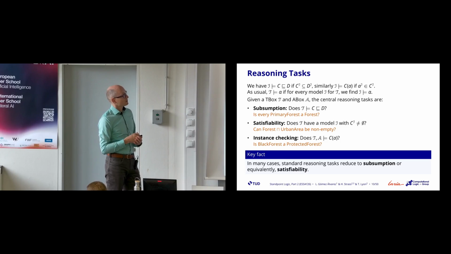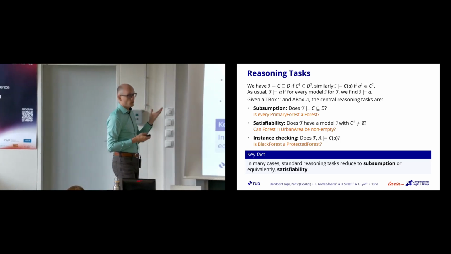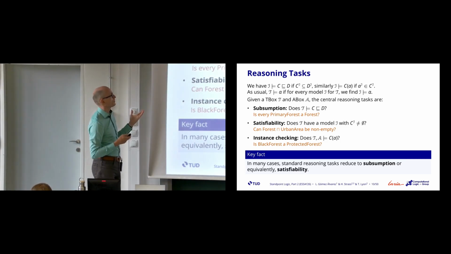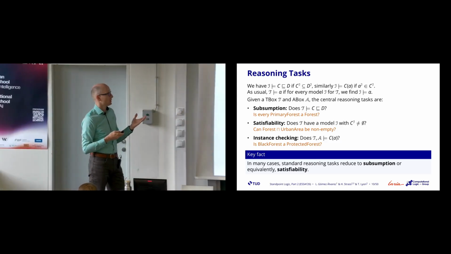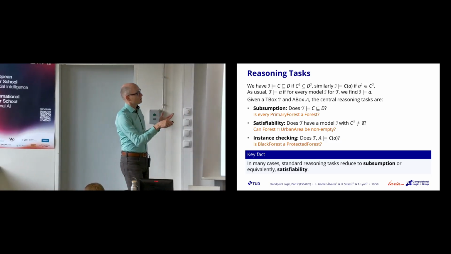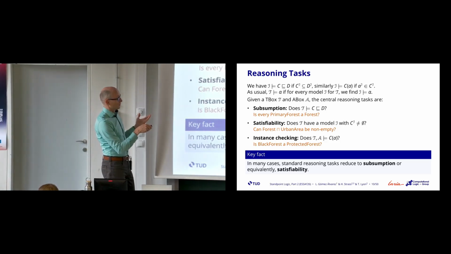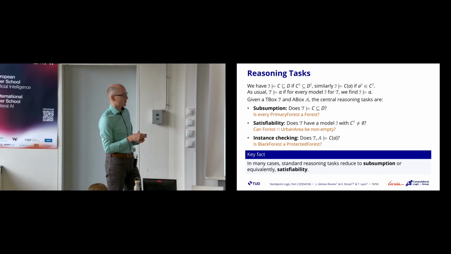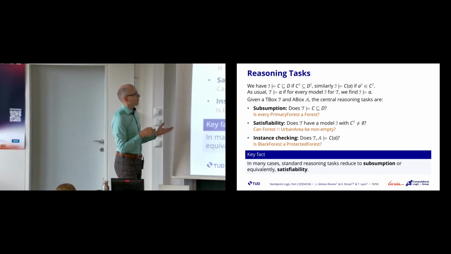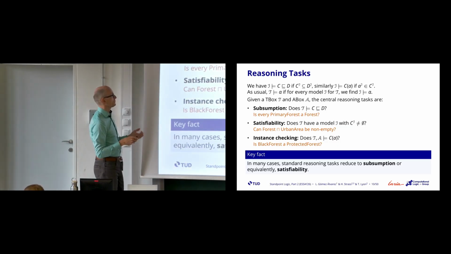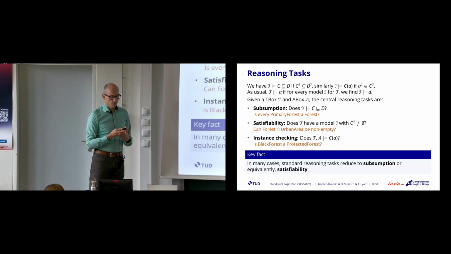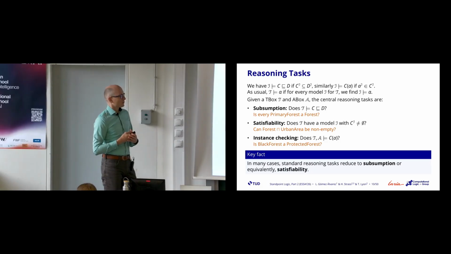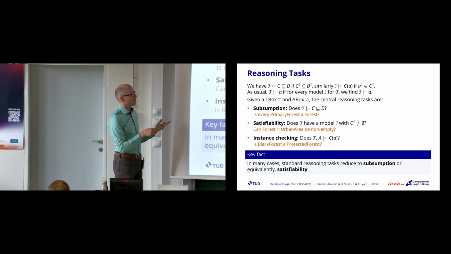And now, given such a knowledge base, the typical reasoning tasks that we want to deal with, because they arise in practice, are asking whether it follows from the knowledge base that C is subsumed by D. Right? So is it really the case that every primary forest is a forest, for example? We also want to know satisfiability. That's basically one of the first tasks we have to solve as knowledge engineers when we start modeling a new domain.